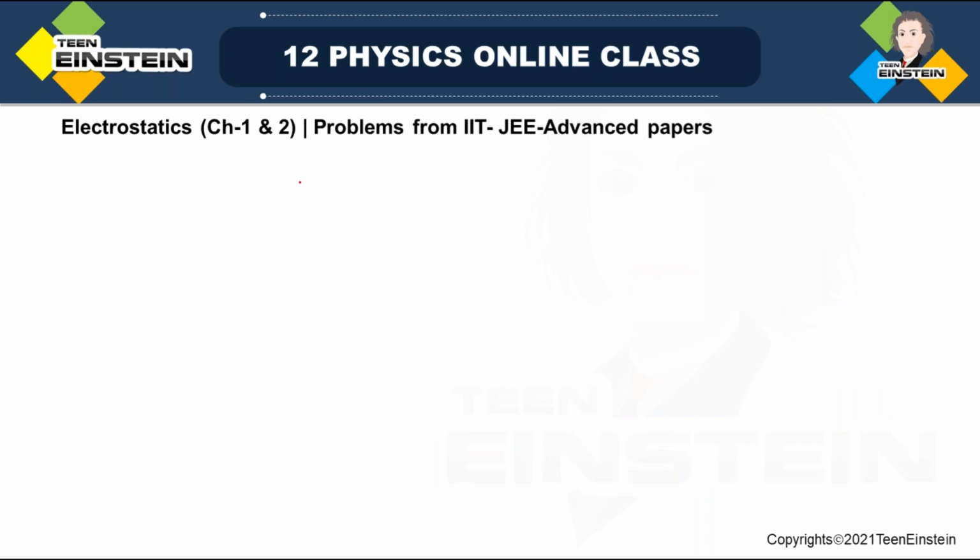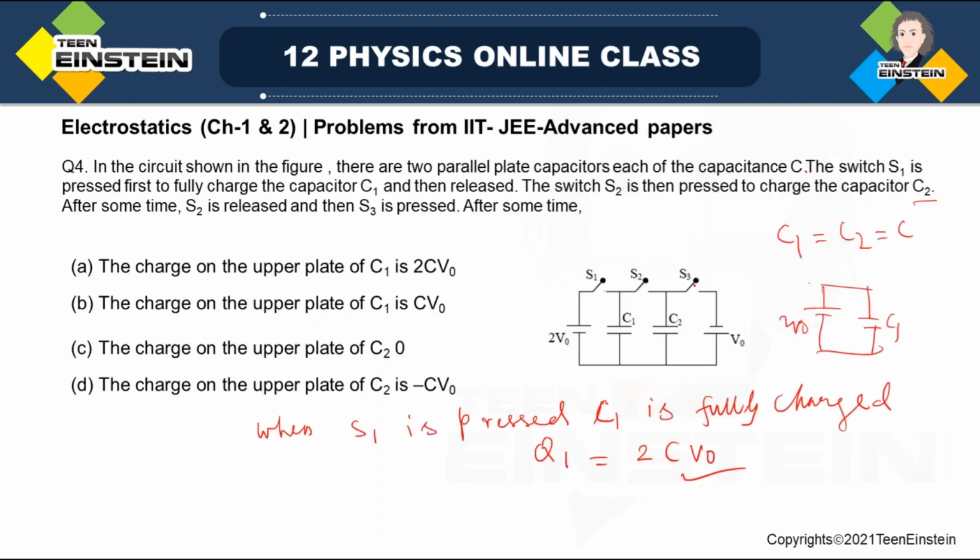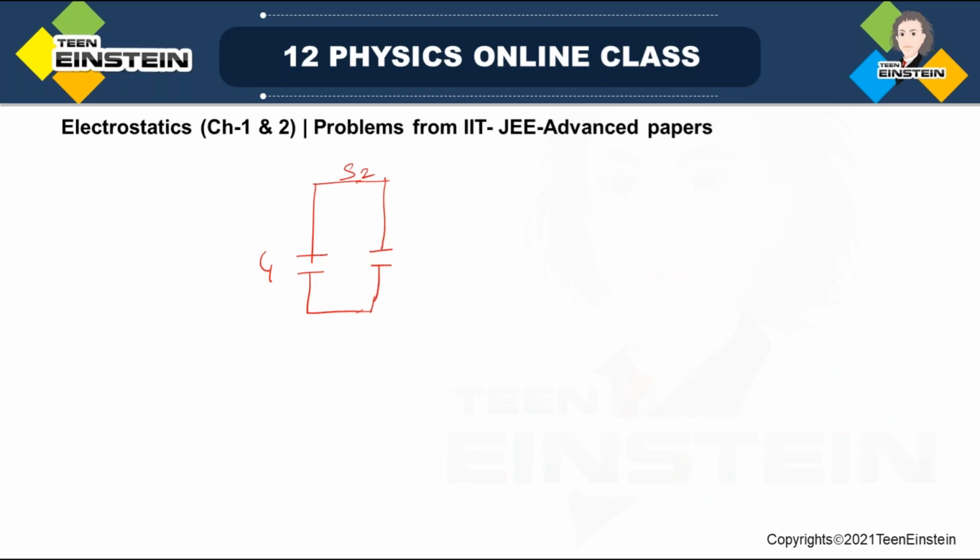That means you get the equivalent circuit: this is C1 and this is C2, connected via the S2 switch here. The batteries are connected to S3 and S1, which are not on, so the batteries are not connected to this circuit.